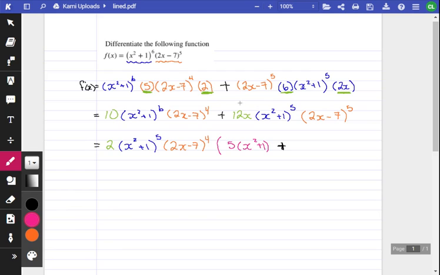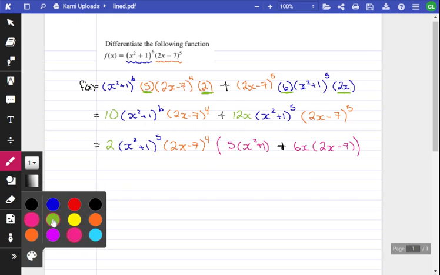I had 12x, I factored out a 2, so I am left with 6x. I had 5 copies of x squared plus 1 and factored all 5 out, so there's nothing left. 2x minus 7, I have 5 copies, but I factored out 4 of them, so I'm left with 1 copy. And then we just have to simplify what's in that last bracket.